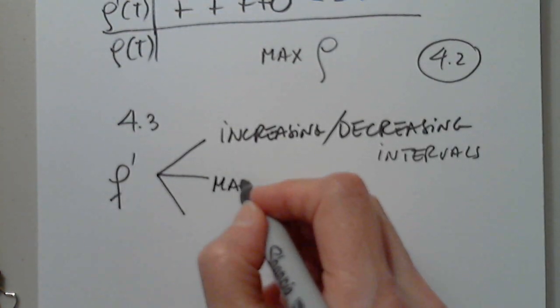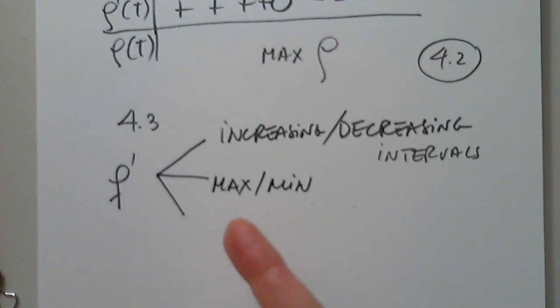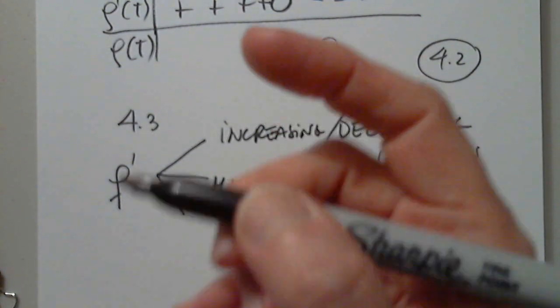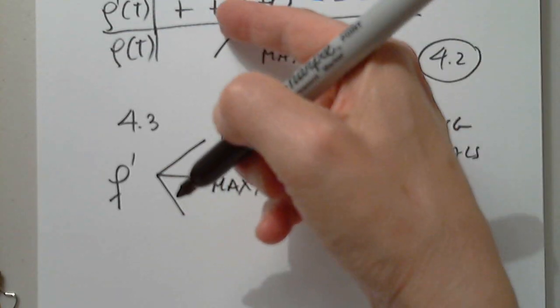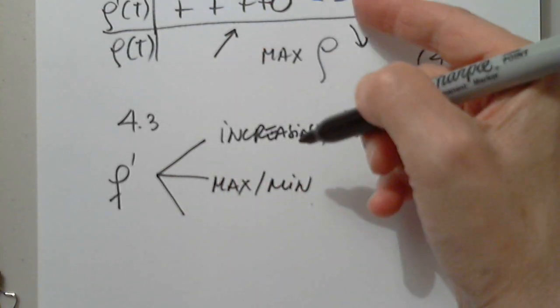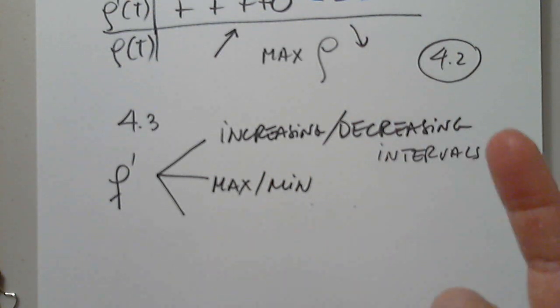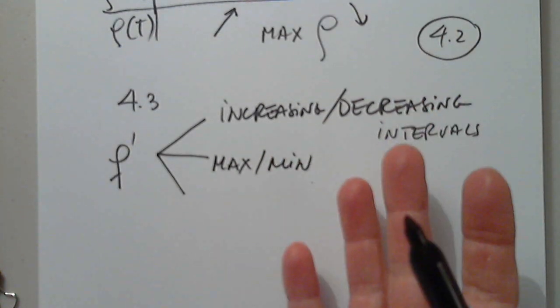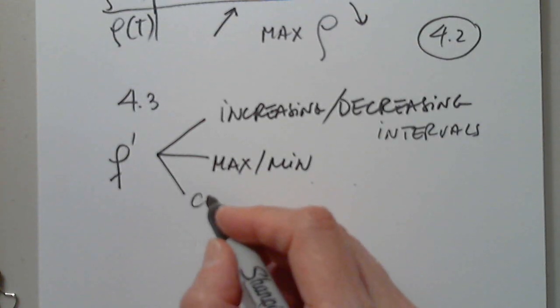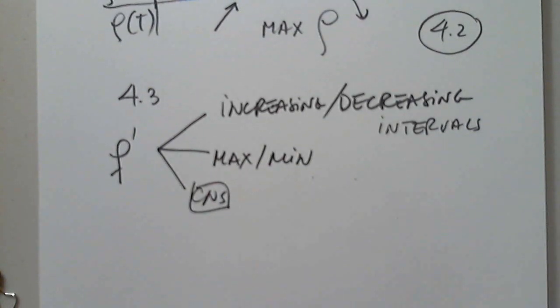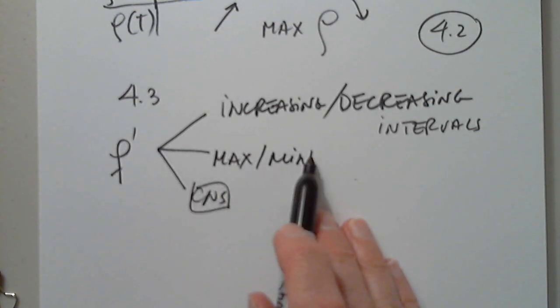Then it gives us max-min, of course, only if it changes sign. So this is a max because the function is increasing, the first derivative is positive, and this first derivative is negative. So that's why this is a max. And it also gives us the min. Well, what else? And I should have started with this, critical numbers. Without critical numbers, a function cannot have a max-min.